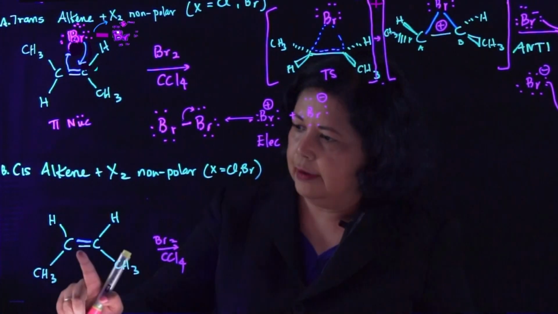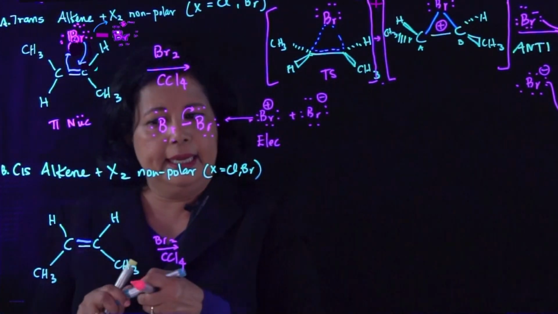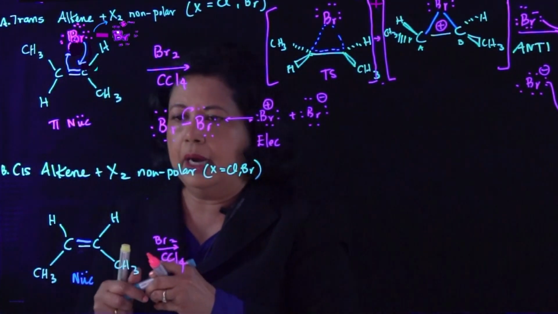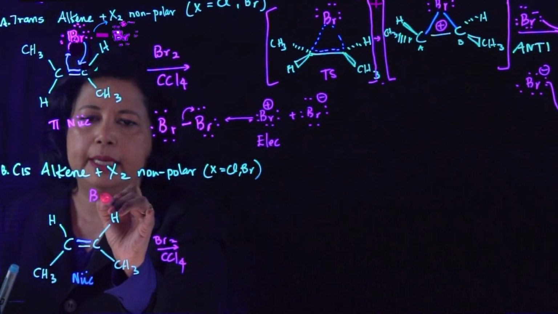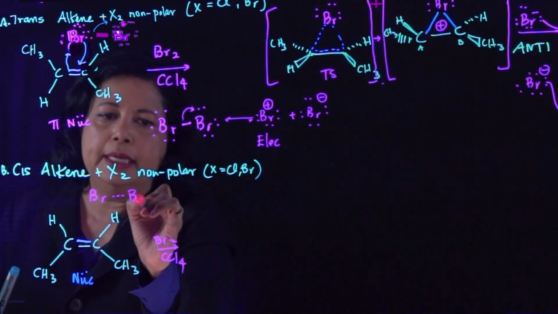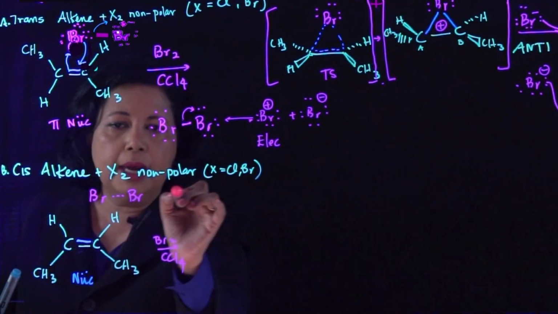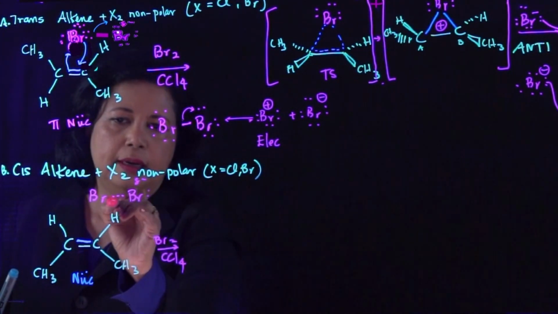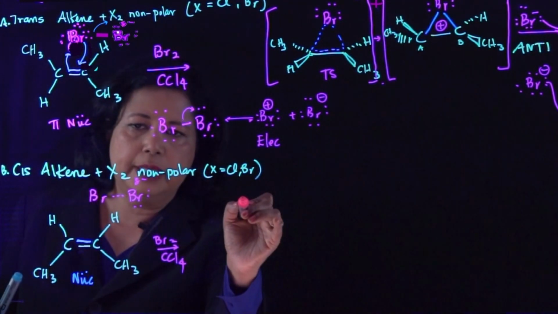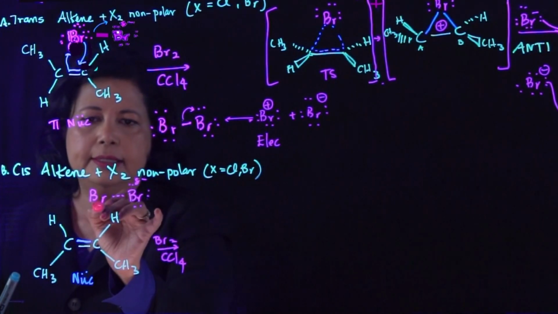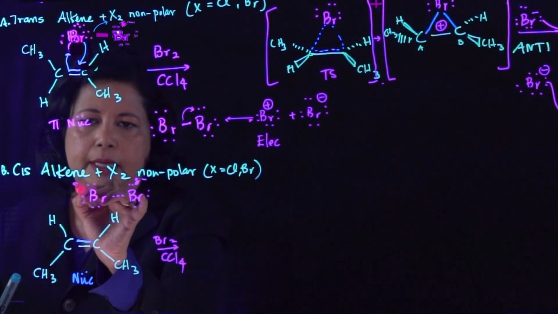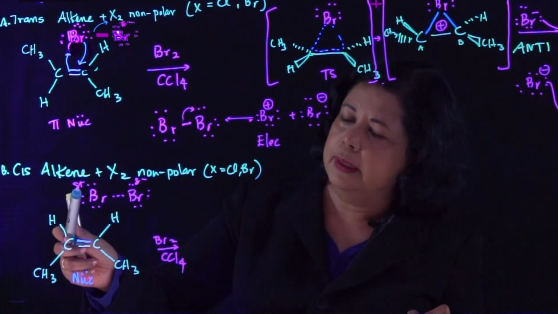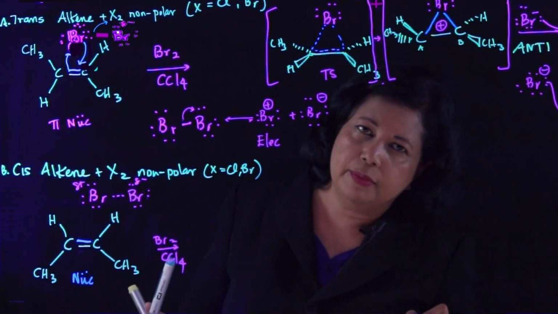So here we have a pi bond. The pi bond is again your nucleophile. It's got a loosely held pair of electrons that can pop out and catch that bromine. Now your bromine, again, as we said before, is polarizable, and so your electrons can be shifting along that sigma bond, sometimes over here, sometimes over there, and so this can be at some point a more positive bromine, and this could be a more negative bromine.